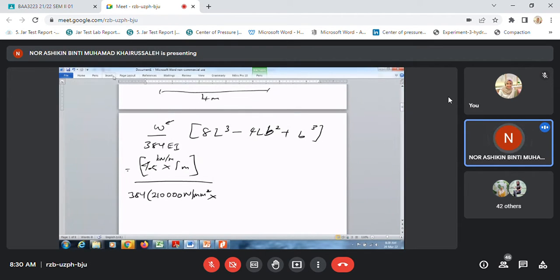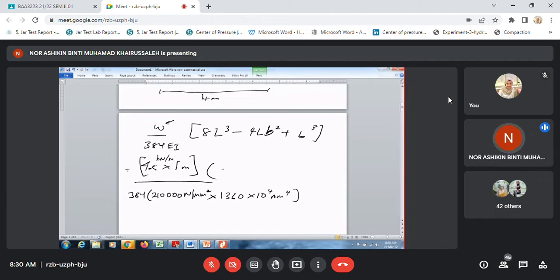So 1360 centimeter power 4. Change it to millimeter power 4, so we're going to be times 10 to the power of 4, isn't it? Yes, doctor.